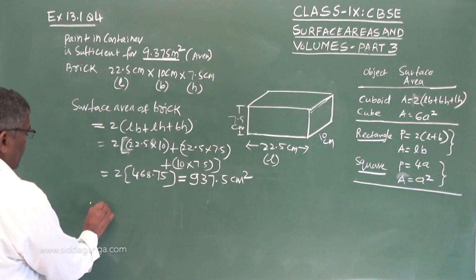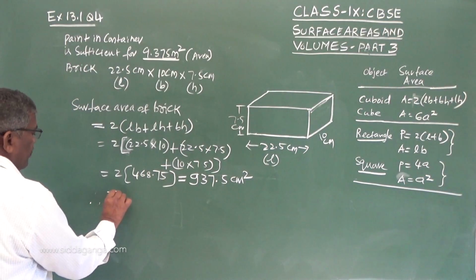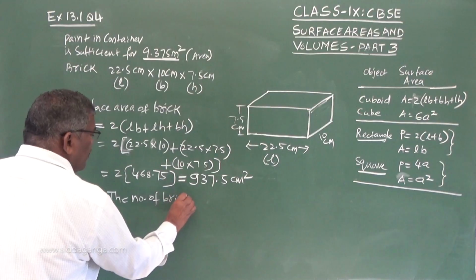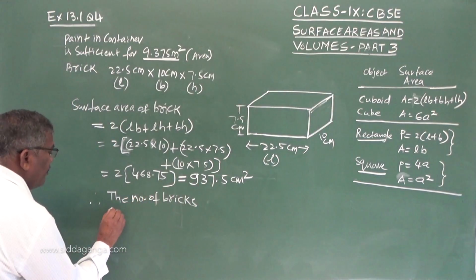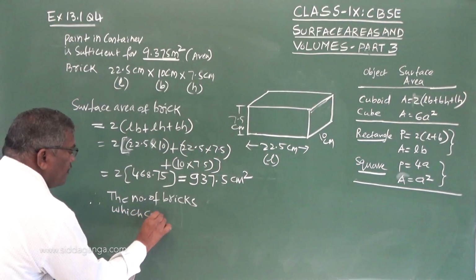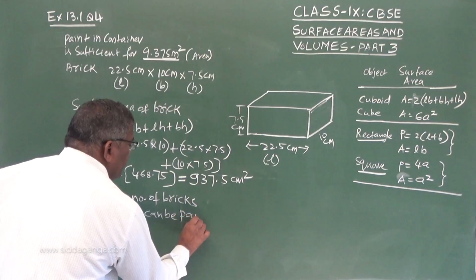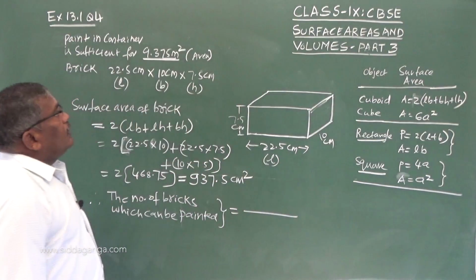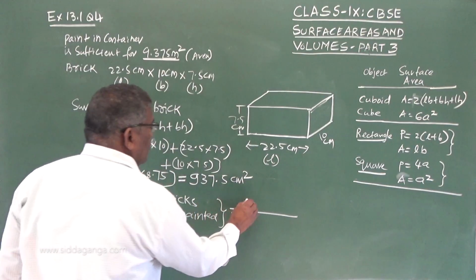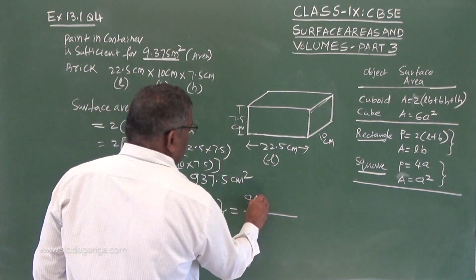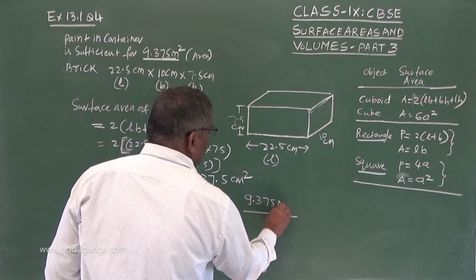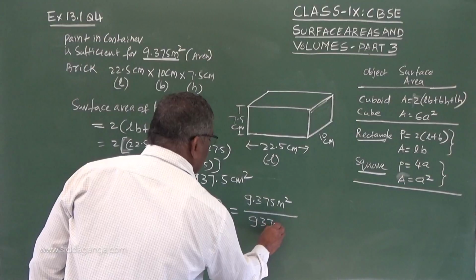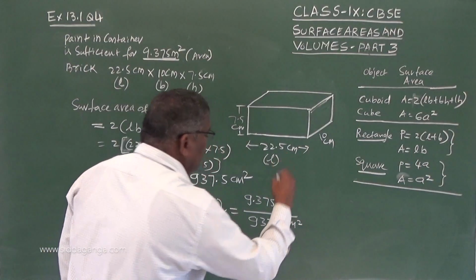So therefore, I can write like this: the number of bricks which can be painted will be equal to the total area, that is 9.375 meter square divided by 937.5 centimeter square.